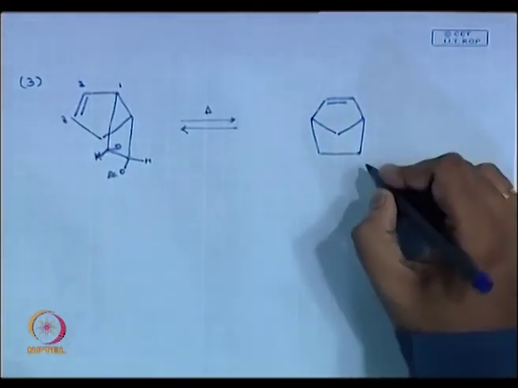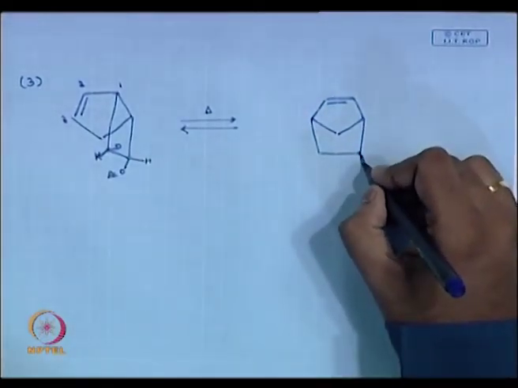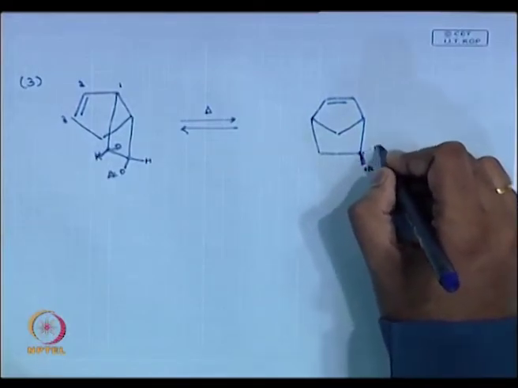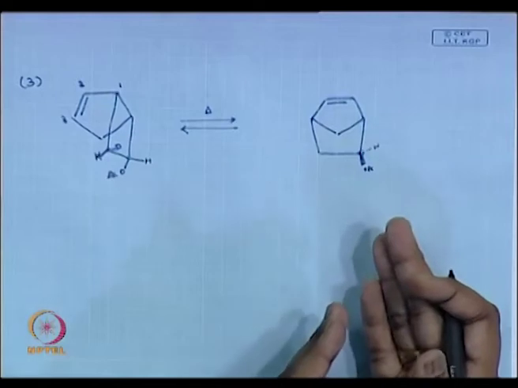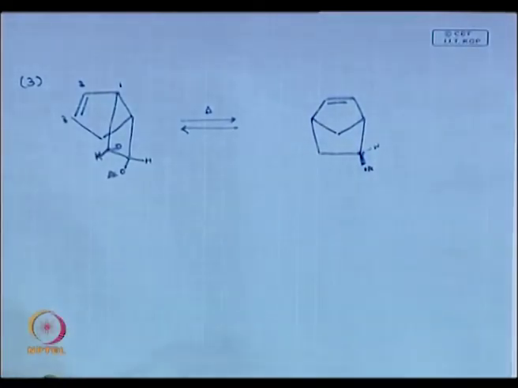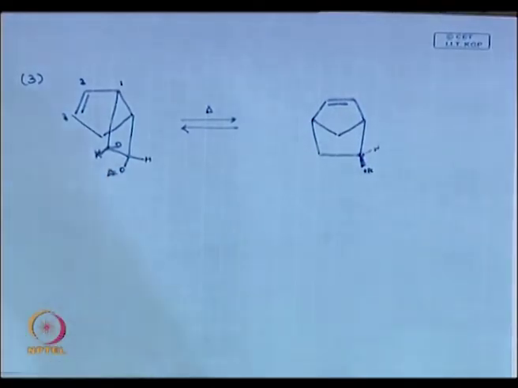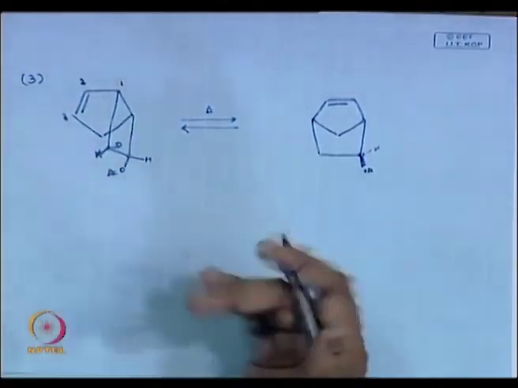Okay. So, you have an OAc this side, and you have a hydrogen here, that is fine, because it stays the same. What happened this side now? What will happen to this hydrogen and deuterium? It will be the other way around, because you are inverting, right.